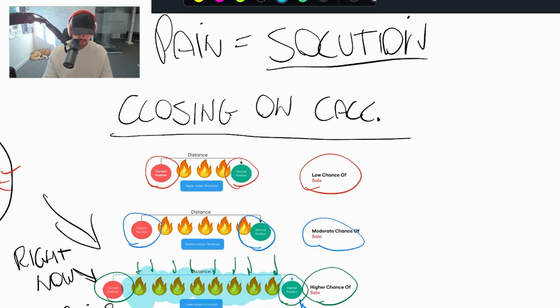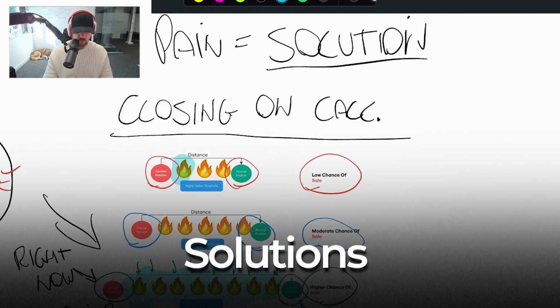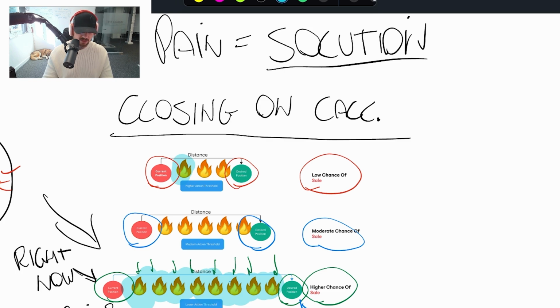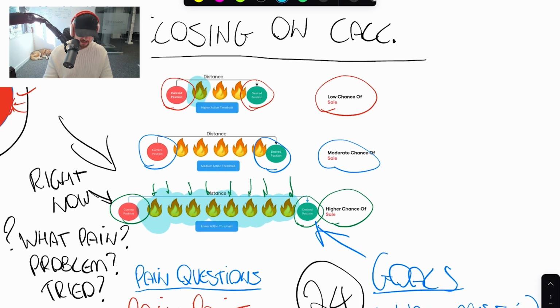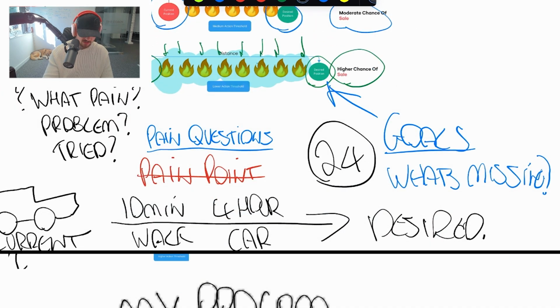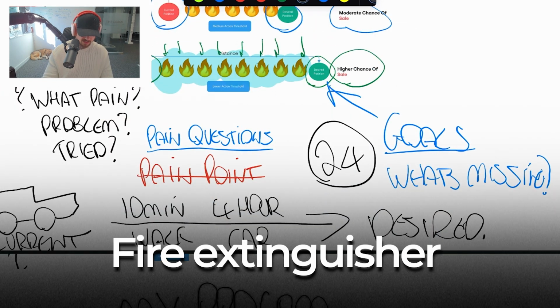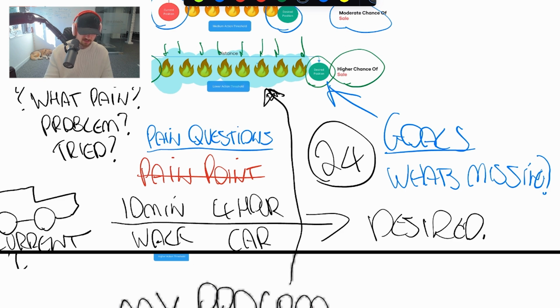The rationale for that is if someone knows what to do, that's another bit of pain extinguished. If you're giving someone the answers and giving some of the solutions, why do they actually need you? We need someone to experience that pain, and then we need someone to be looking at the program. We want someone to be at this point where it's like, fire extinguisher, this is our program, that's how we can find solutions for you guys.